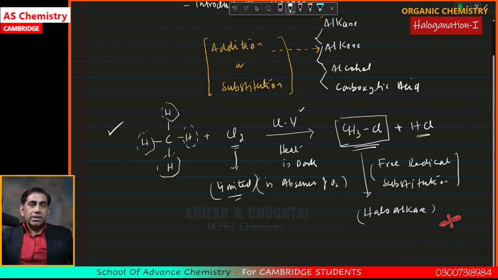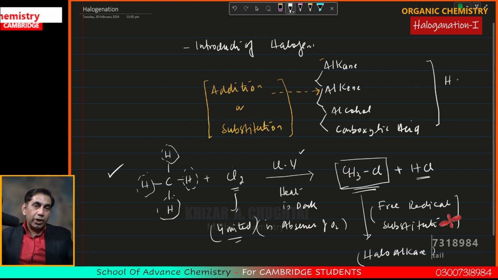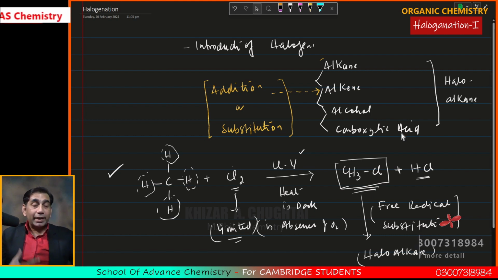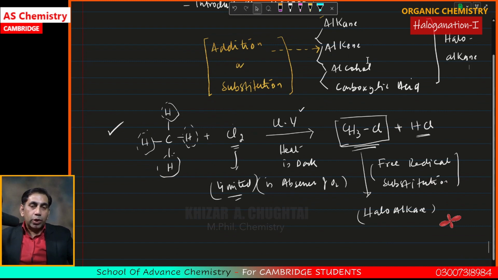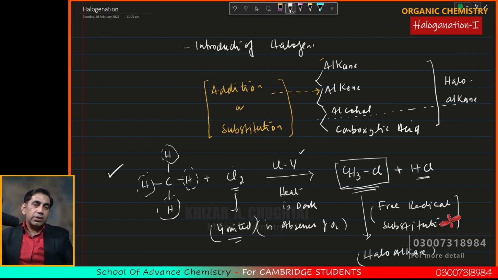In all these four cases generally, when we introduce halogen, we are changing them into haloalkane. So in fact, indirectly, we can change alkane into haloalkane, we can change alkene into haloalkane, we can change alcohol into haloalkane, and we can change carboxylic acid into, that is not the haloalkane, that is called the acyl chloride.